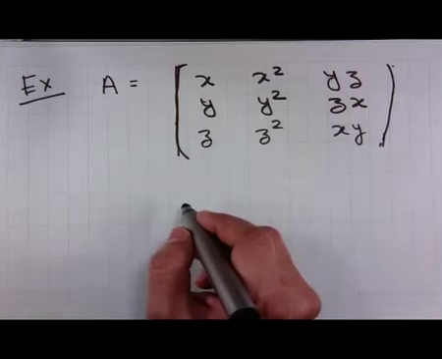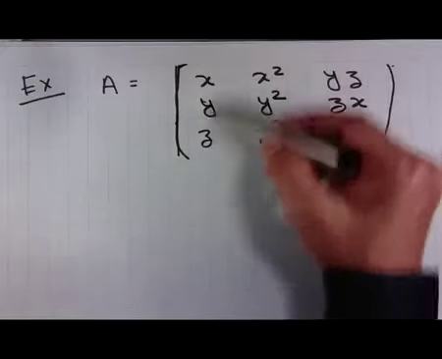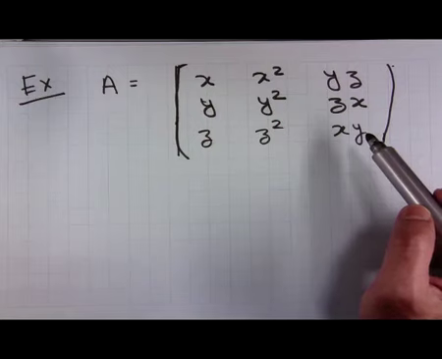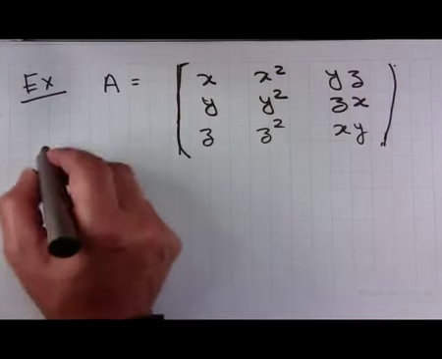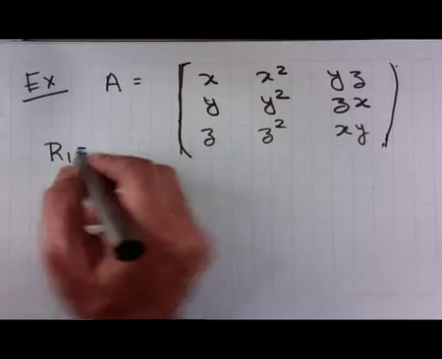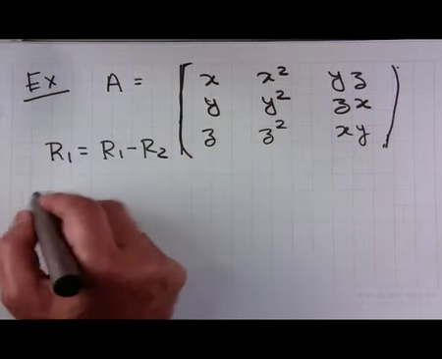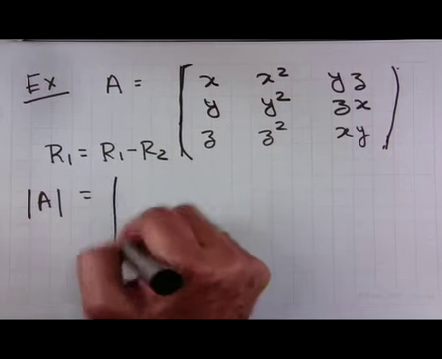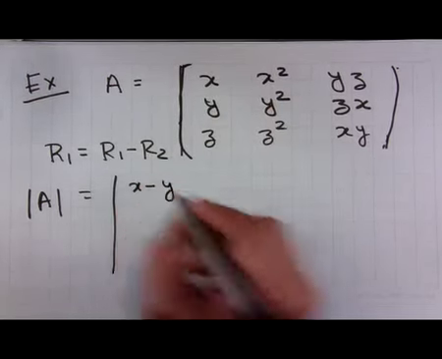As we can see, if we do the row operations by adding or subtracting, we can get something. So, what do we do? We do row 1 is equal to row 1 minus row 2. Then determinant of A is same as determinant of what I am getting, x minus y.